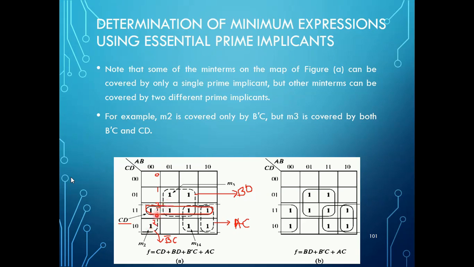Whereas this particular one is included with both this expression as well as the other CD expression. Similarly, if you are seeing this one, it is included for both BD as well as CD. If you are seeing this one, that is included for both BD as well as AC.